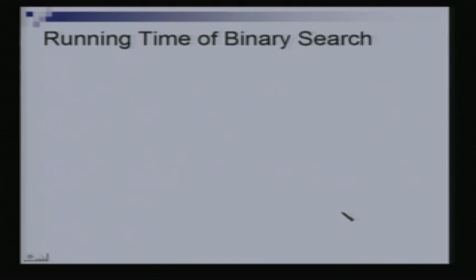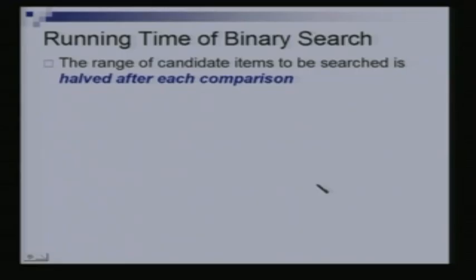How much time does binary search take? Log n base 2, right? You all know that, but why does it take log n base 2 time? Exactly, the size of the problem is halved at every step. The range of items we have to search in is halved after each comparison.